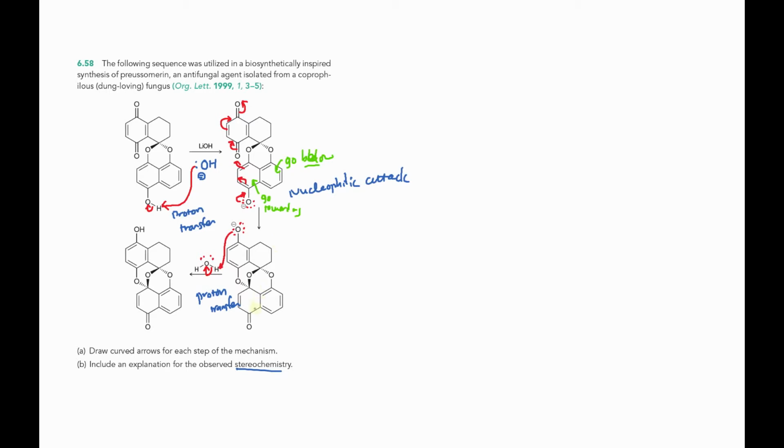In other words, okay, this is probably a better picture. This has to go up, so in other words, it has to go towards us, and this ring probably has to go below us, or below the page.